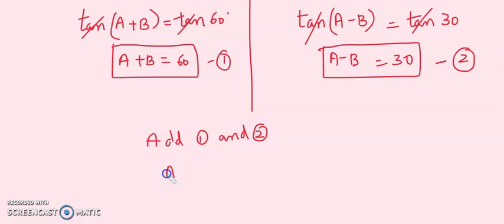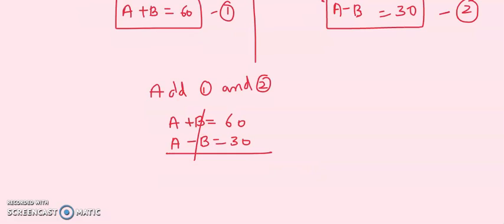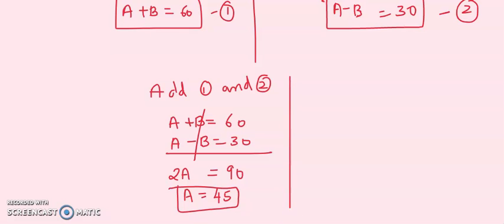So you'll get A plus B equals 60, A minus B equals 30. When you add them, you get 2A equals 90. So A equals 45. Now I'll put the value of A in equation 1. So A plus B equals 60.